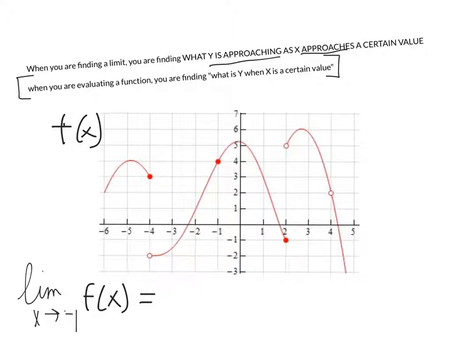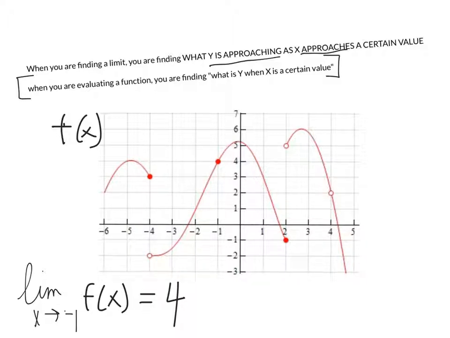Since the limit from the left agreed with the limit from the right, as x is approaching -1 on this function from the left and the right, y is approaching 4.